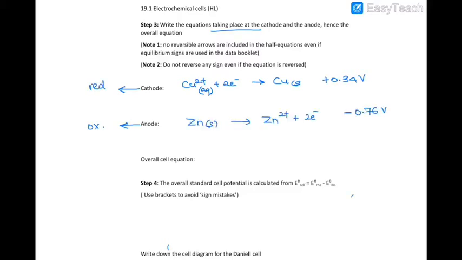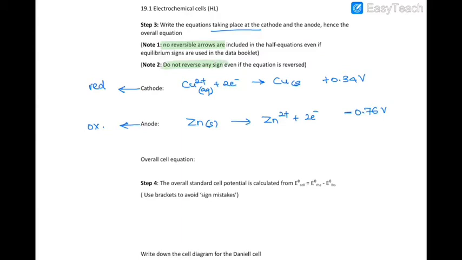When you're writing the equations, do not include any reversible arrows, because we have already decided which direction the reaction is proceeding. We know which one is oxidation and which one is reduction, so it's not reversible anymore. Also, do not reverse any sign.